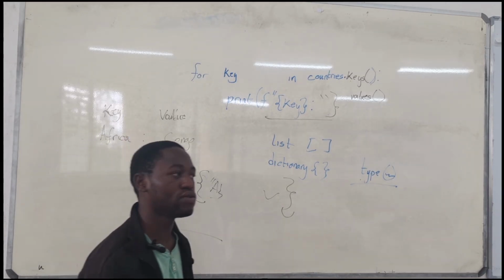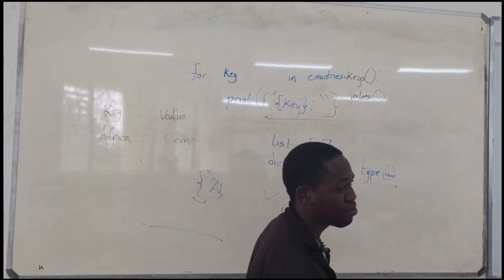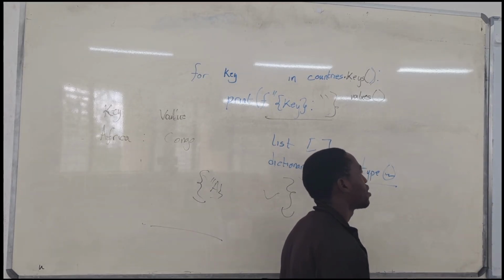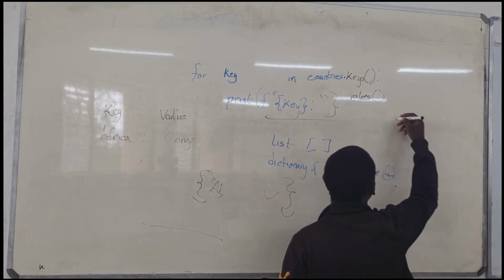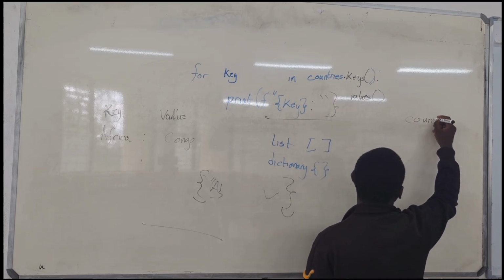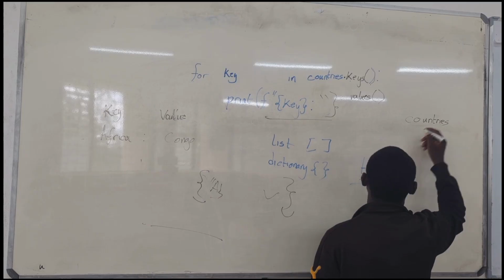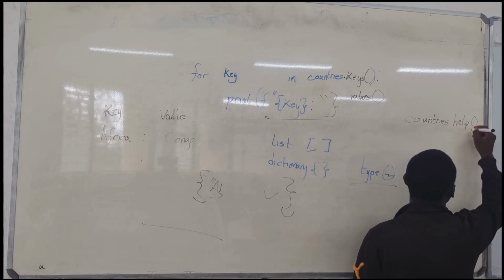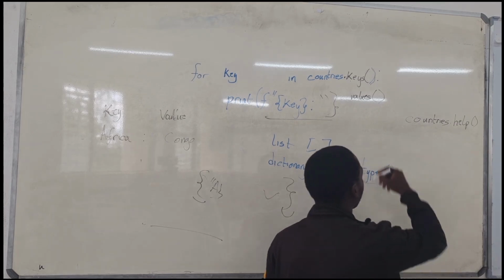If you want to learn more about them, in your IDE, you can just type the name of your dictionary, countries, and then just add help and print it.